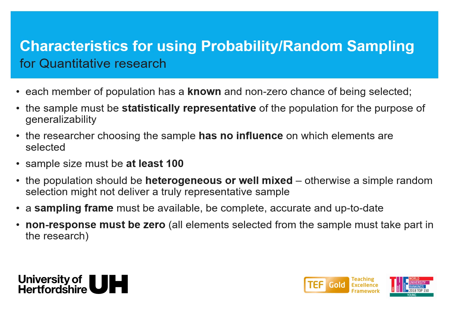For example, for stratified or cluster random sampling, where you ensure the representativeness of them. And normally, choosing the sample has no influence on which elements are selected because they are all randomly selected. Yeah, so the sample size, if you do use probability sampling for quantitative research, needs to be at least 100. Okay, and also the population should be heterogeneous, as we mentioned, or mixed.